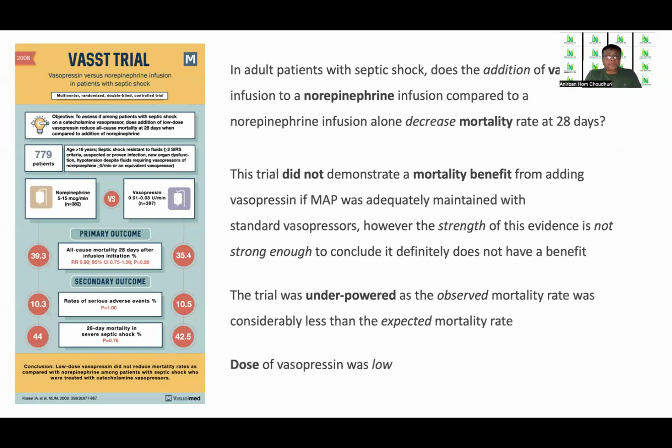the patient achieves the targeted blood pressure. It is very important to look into the VASST trial, which tried to see in adult patients with septic shock whether the addition of vasopressin infusion compared to norepinephrine infusion alone decreases the mortality at 28 days. Now, this trial did not demonstrate a mortality benefit by adding vasopressin if the mean arterial pressure was adequately maintained with the standard vasopressors.